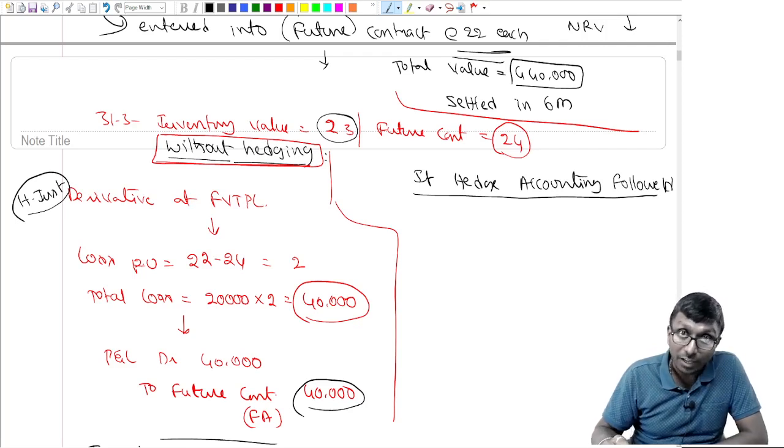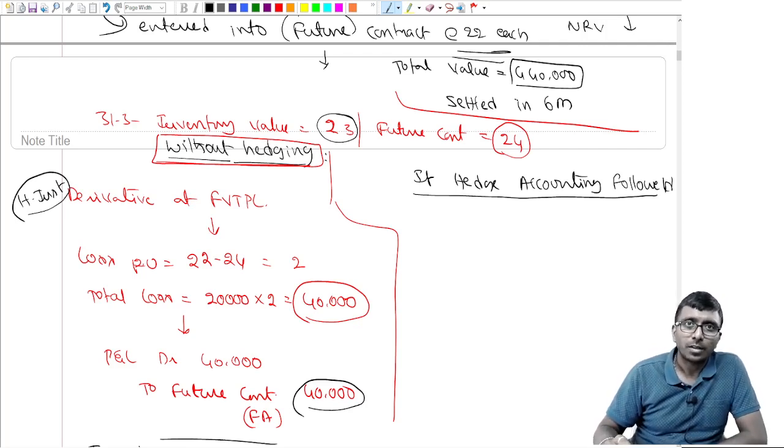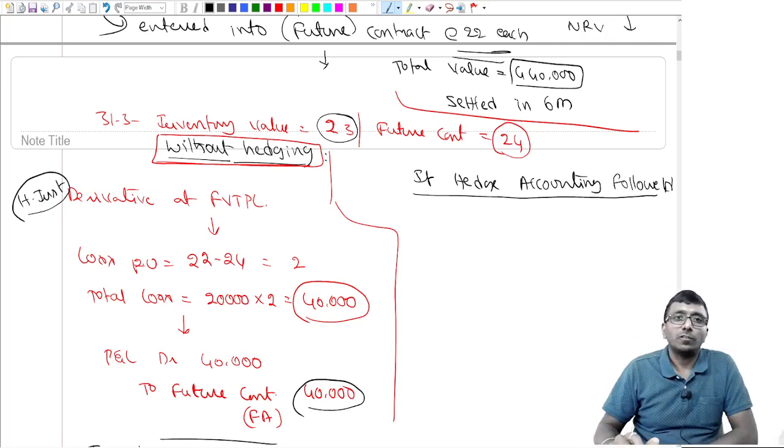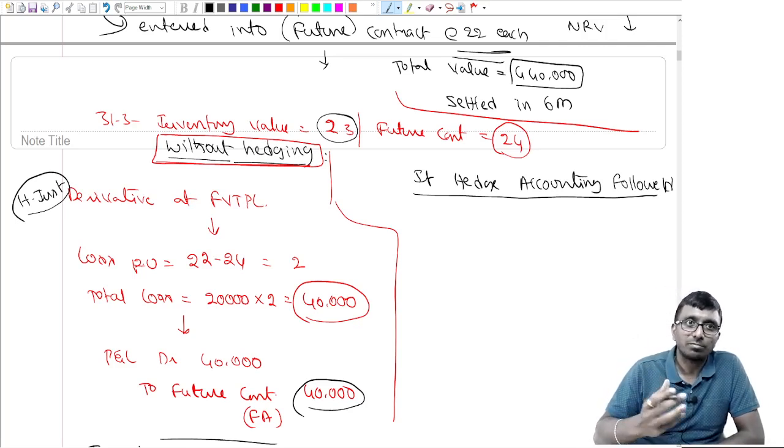Here we'll follow fair value hedge. Why? You have entered into this future contract for what purpose? To secure the fair value of the item. Which item? Your inventory, which is in hand.